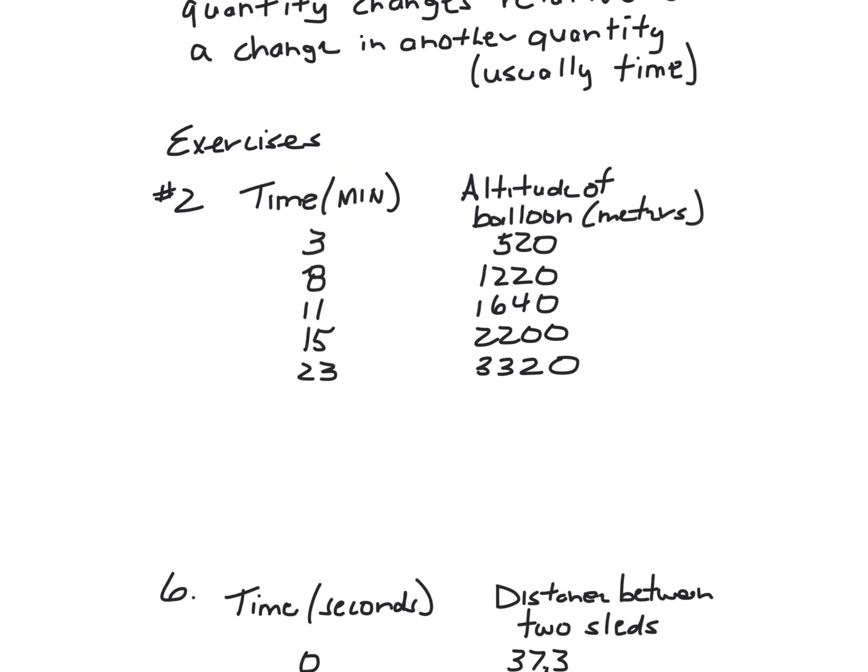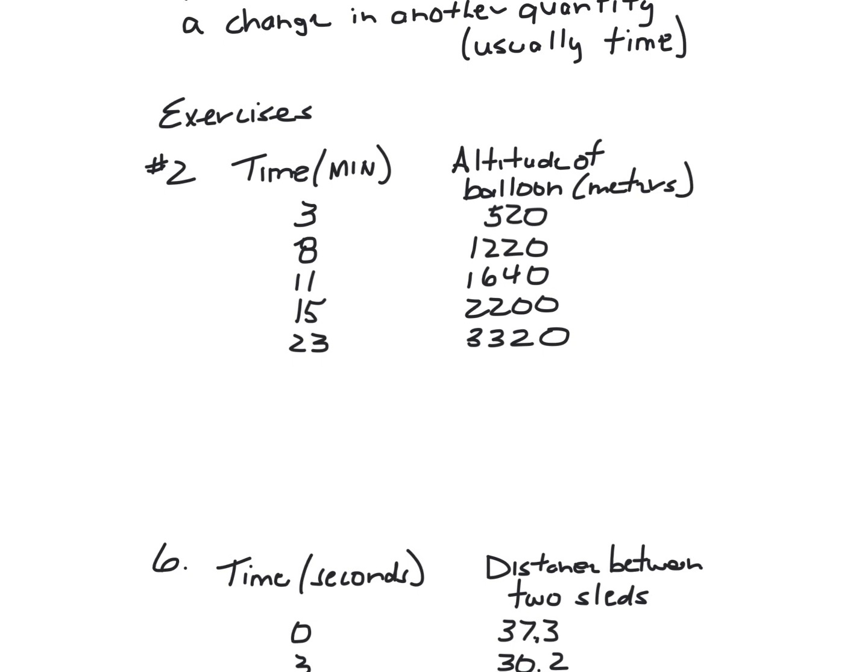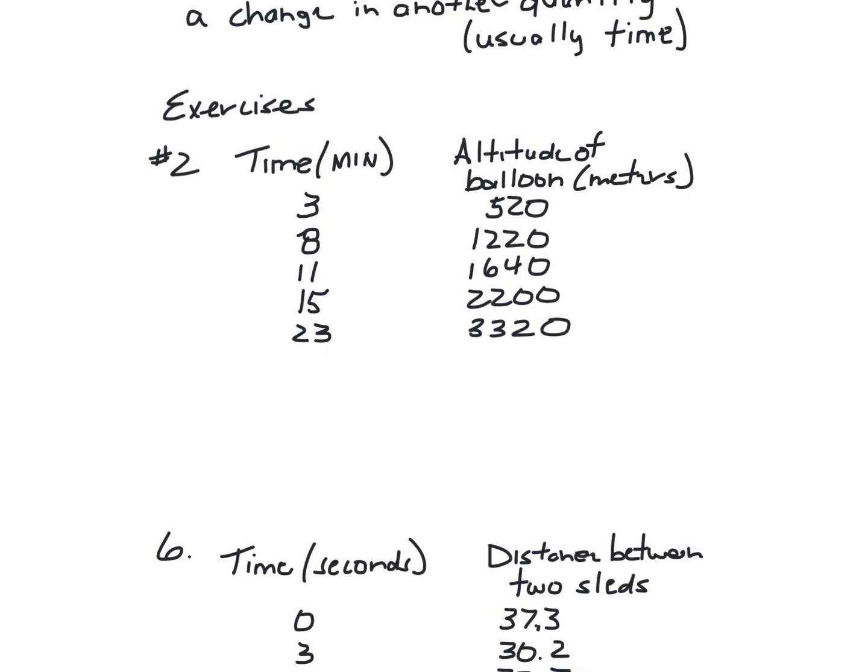This is number 2. As you can see, they're giving us time and then what the altitude of a balloon is in meters. After 3 minutes, the balloon is 520 meters in the air. After 8 minutes, it's 1220. So if we were going to find the rate of change between 3 minutes and 8 minutes, we would find the change in the altitude of the balloon.